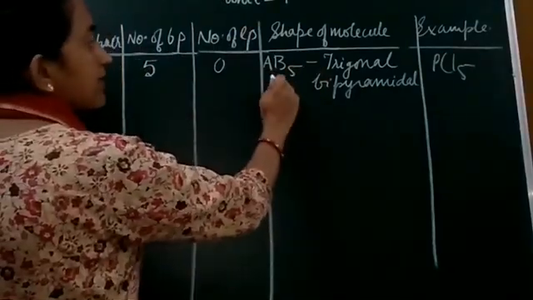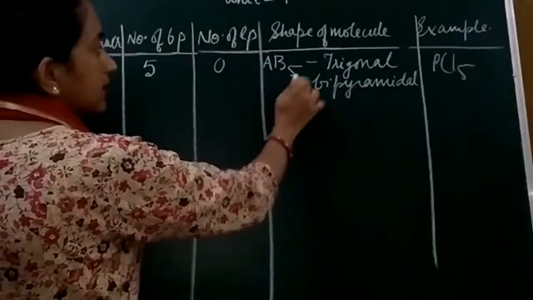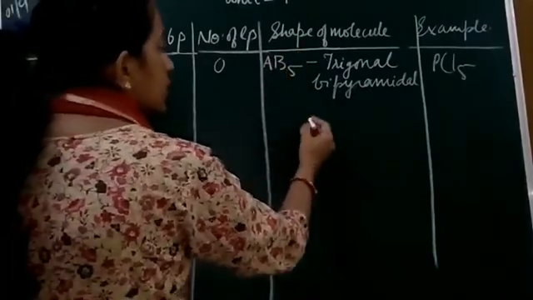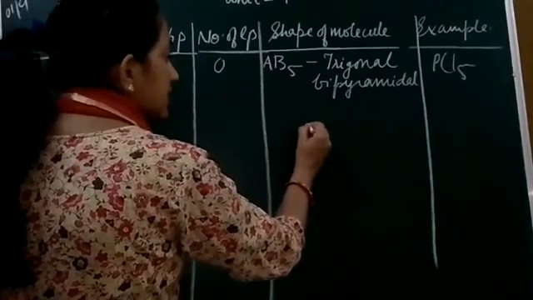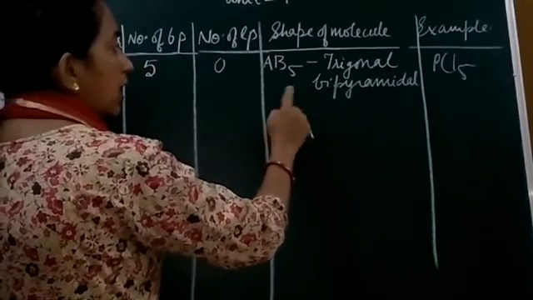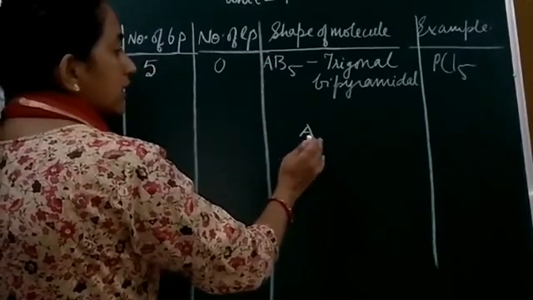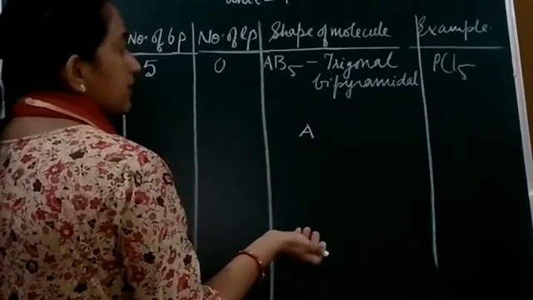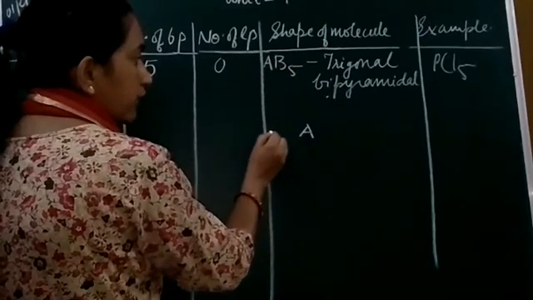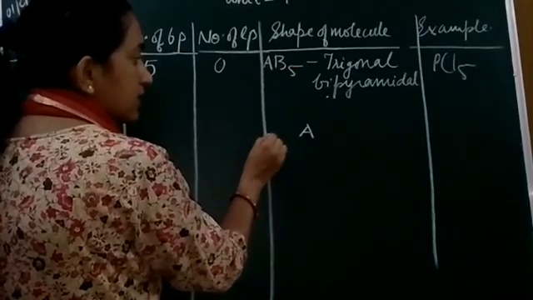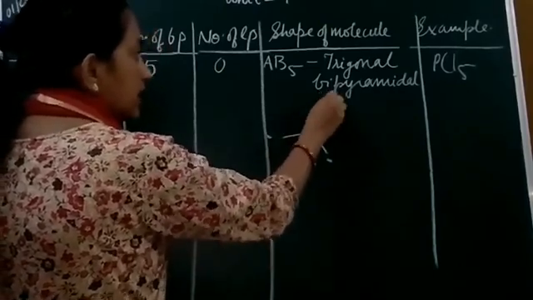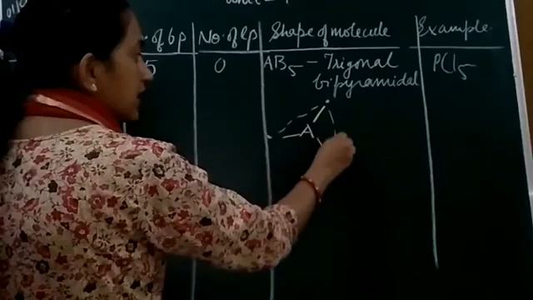Just see that for AB5, if it is trigonal bipyramidal, how are the bond pairs going to arrange themselves? Here the central atom is A, and all the bonds are equivalent, meaning they are between the same atoms. The three atoms will be arranged in a plane.